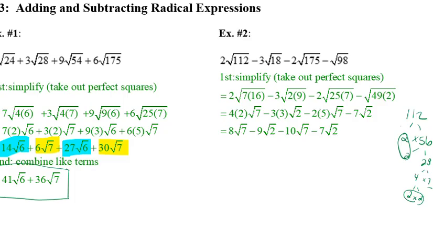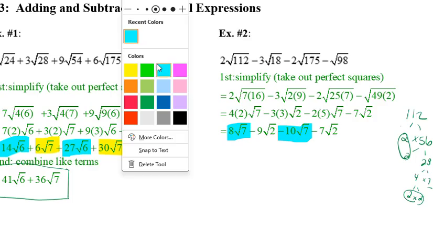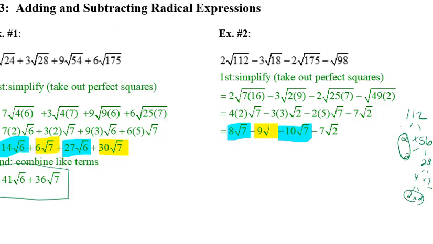So now our like terms, we've got 8 root 7 and negative 10 root 7, watch those signs. And we have negative 9 root 2 and negative 7 root 2. Again, watch those signs. Because now when we combine the like terms, 8 subtract 10, we're going to get negative 2 root 7.